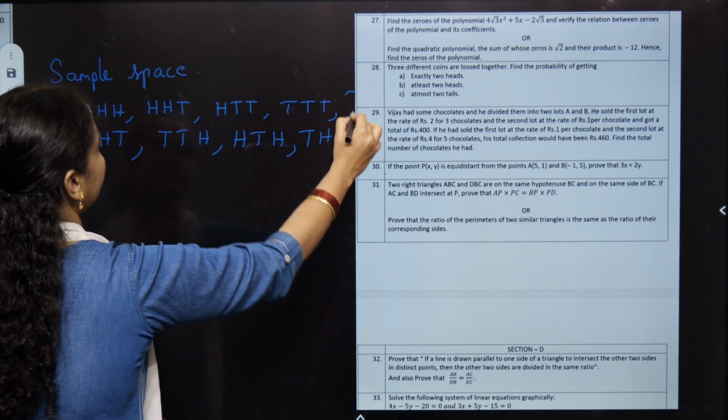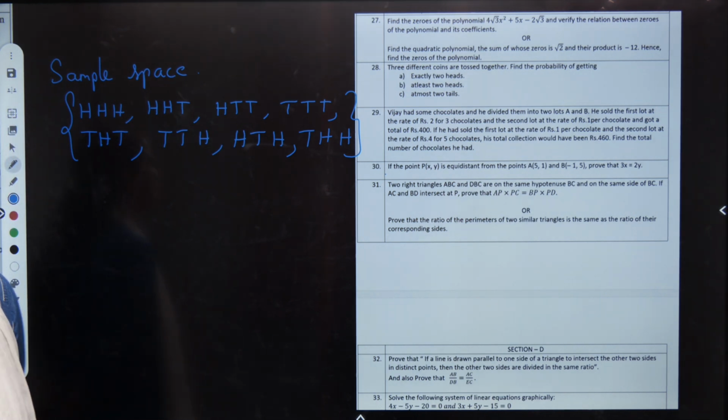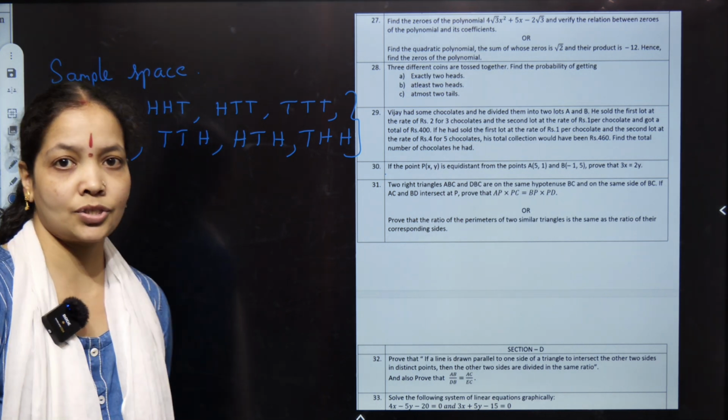So these are the 8 different possibilities of the outcomes when 3 coins are tossed together.